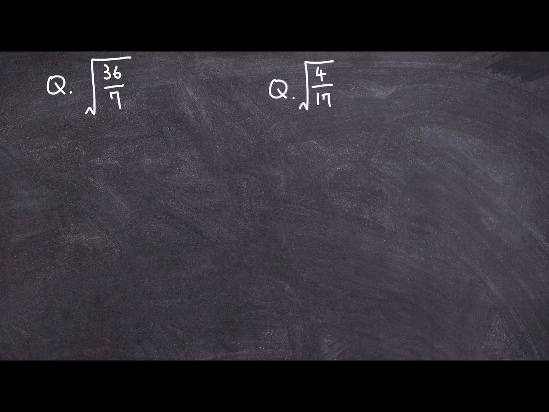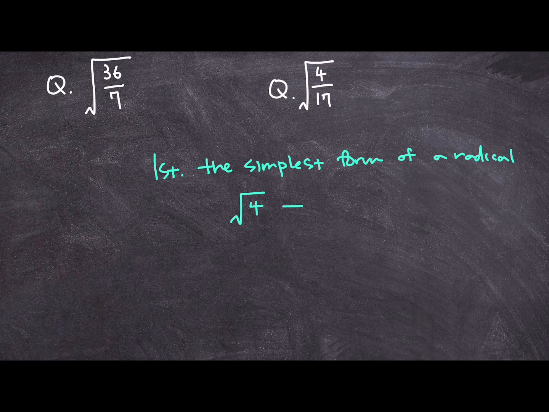Now, when dealing with a radical expression, you have to know two rules. First rule is you need to present the simplest form of a radical. Meaning, if you have a square root of 4, it's not going to be your final answer because it's not in its simplest form.